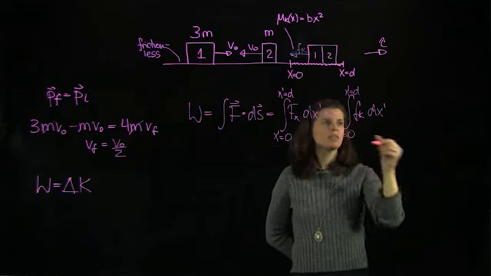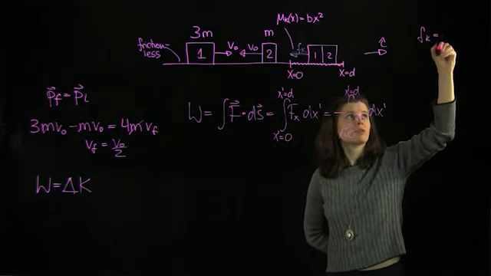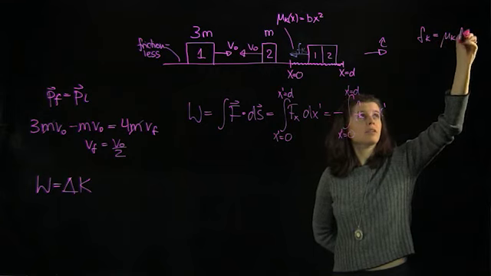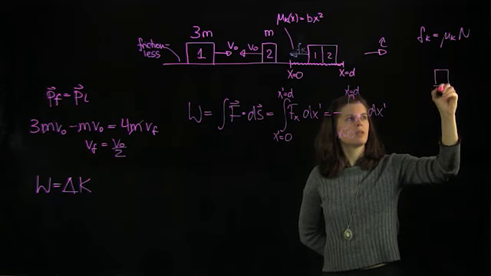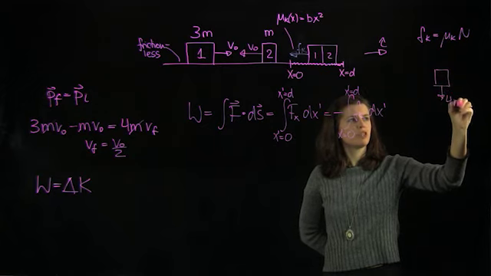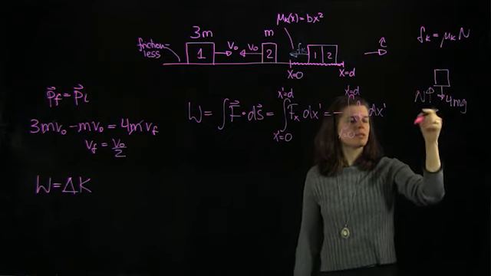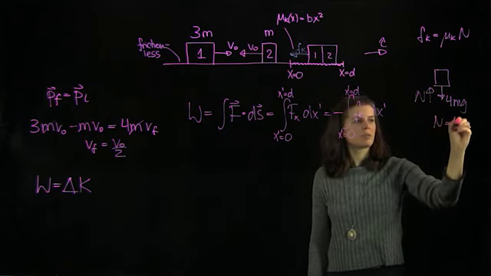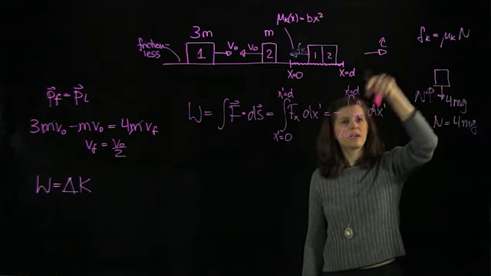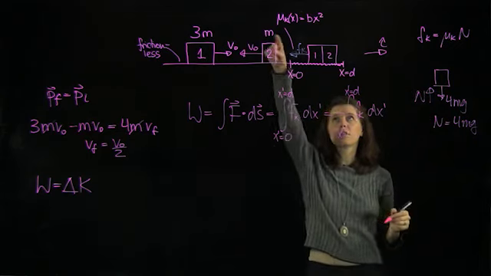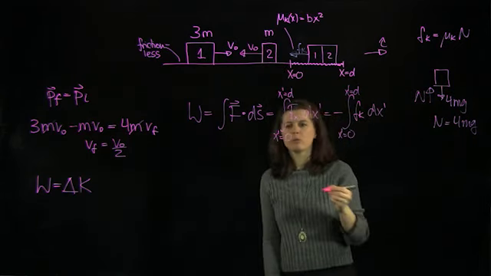Now, what is this Fk? We know that Fk equals mu k N. And from doing a quick free body diagram, we'll see that we have 4mg going down, and we have a normal force going up. And so we'll see that N equals 4mg, which we can then plug in here, and then that goes in over there. And the coefficient of kinetic friction is actually given to us, so that nicely works out.